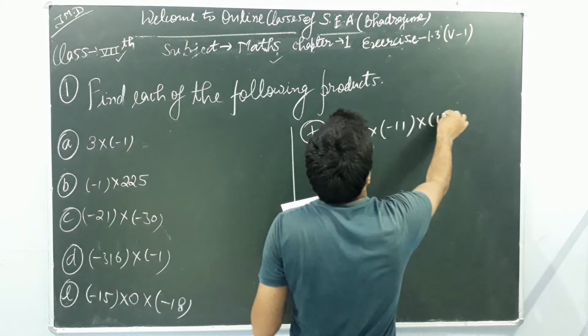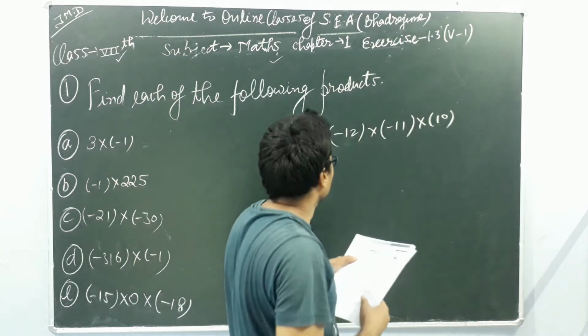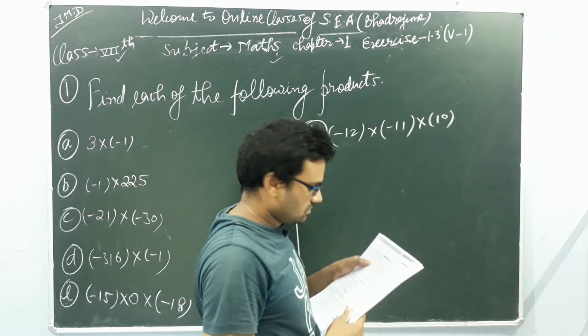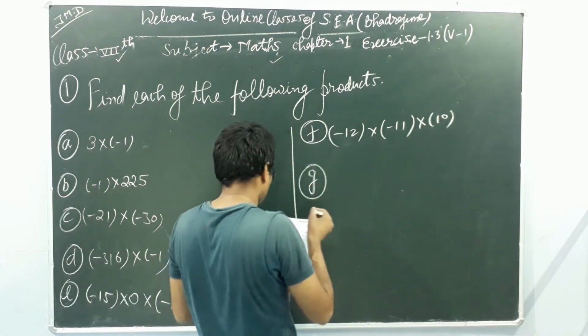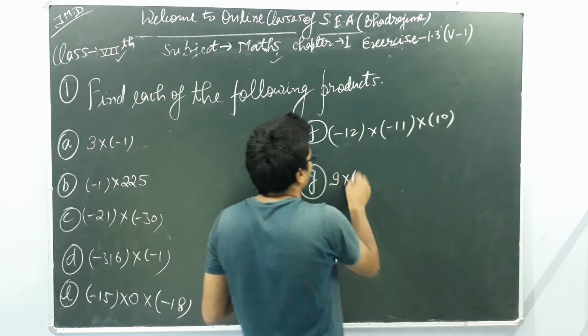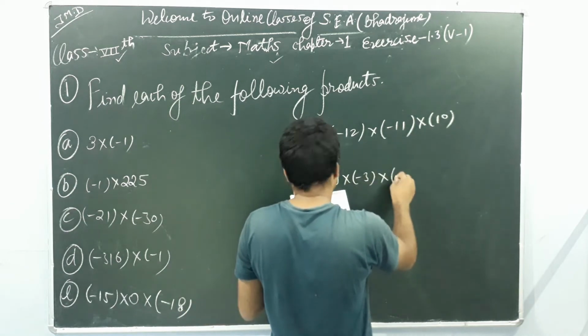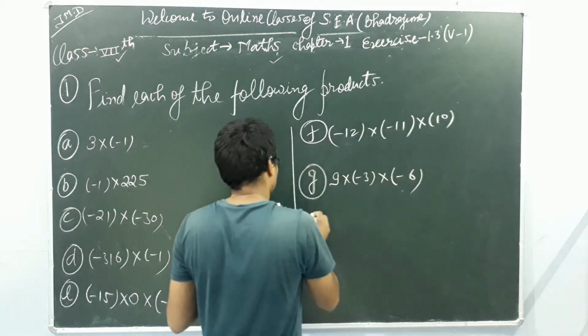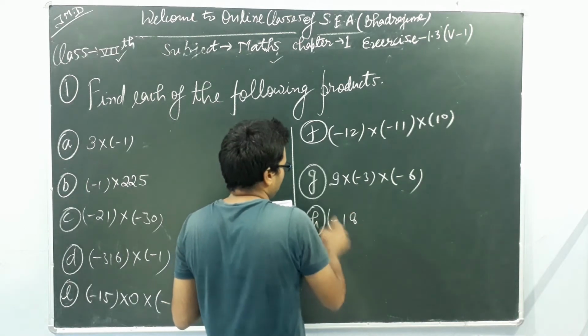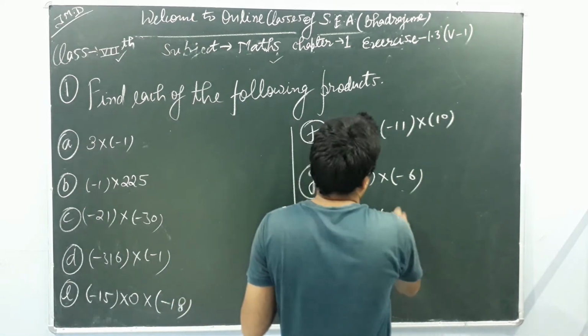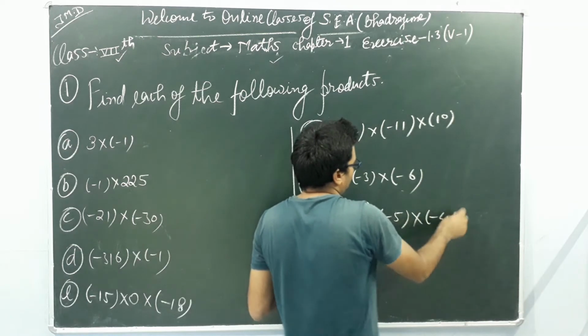Part F is minus 12 multiplied with minus 11 further multiplied with 10. Part G is 9 multiplied with minus 3 further multiplied with minus 6. Part H is minus 18 multiplied with minus 5 further multiplied with minus 4.